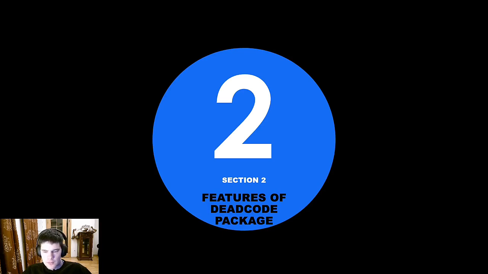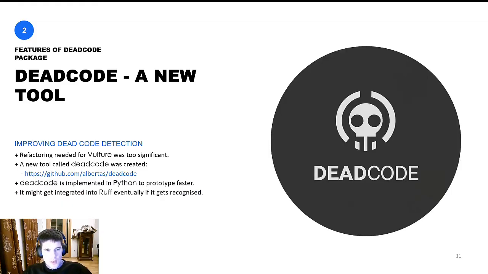This led me to the creation of a new tool. Initially, I thought that it would be possible to add some features to the Vulture source code, but I reviewed it and decided that it would require too significant refactoring, and my changes would never be accepted.